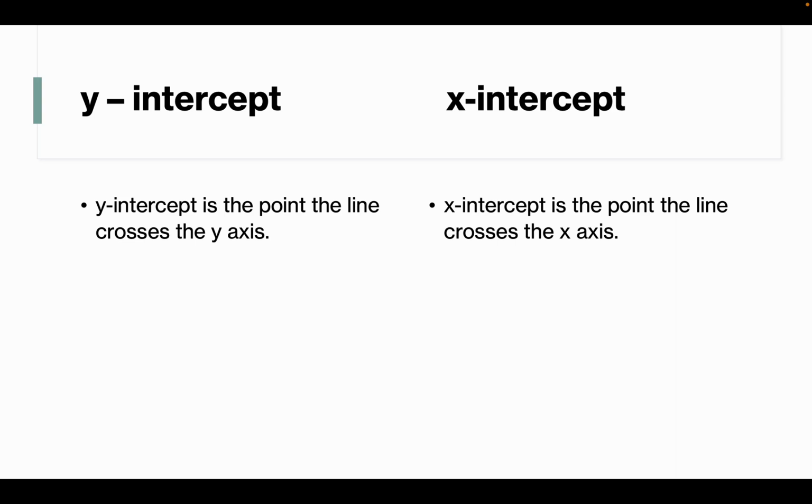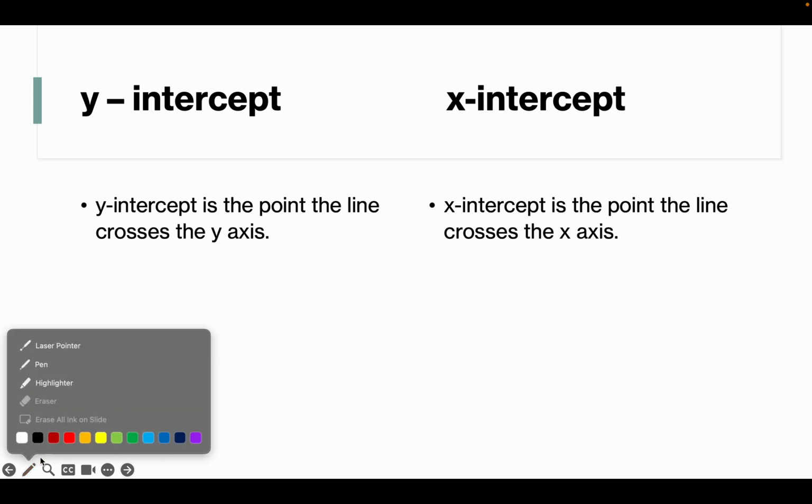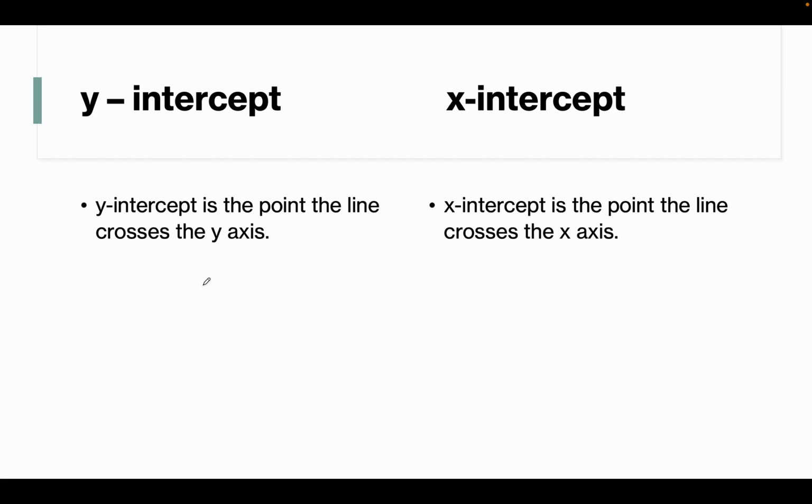Y-intercept, x-intercept. The y-intercept is the point where the line crosses the y-axis, and the x-intercept is the point where the line crosses the x-axis. Let me show that to you one more time.